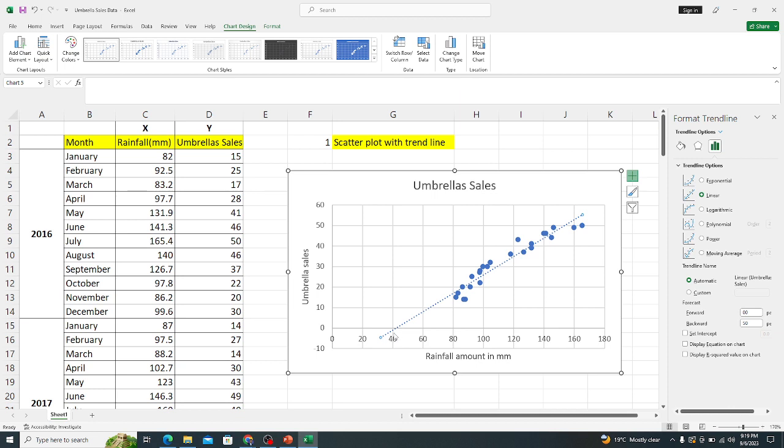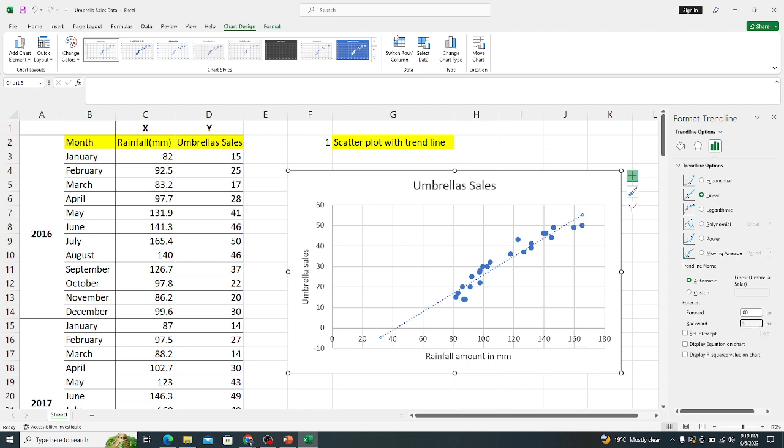It's even evident here, because after doing a backward projection or forecast, you can see where the regression line is. You can see it's already cutting the x-axis on the positive side.